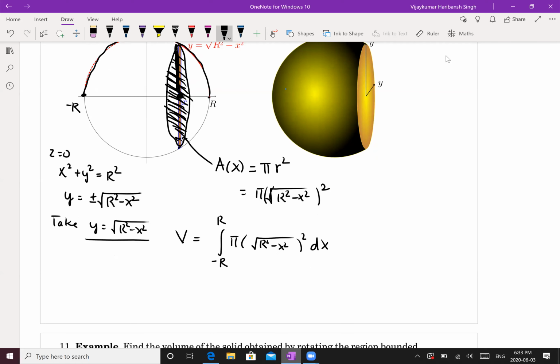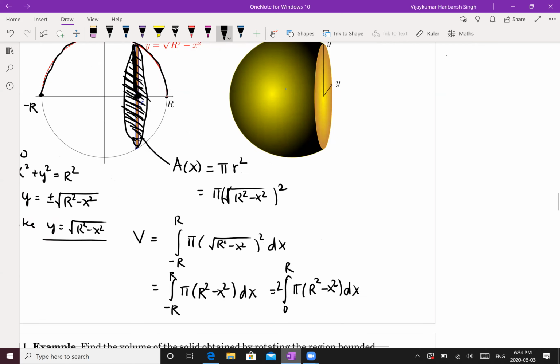This is going to be minus r to r pi times r square minus x square dx, right? Now, what kind of function is this? So now we need to evaluate this integral. Now you can notice quickly that this function is an even function. So this integral is going to be 0 to r, 2 times pi times r square minus x square dx.